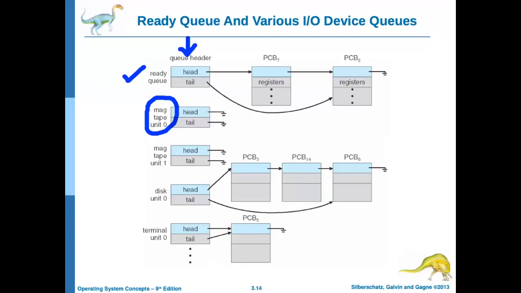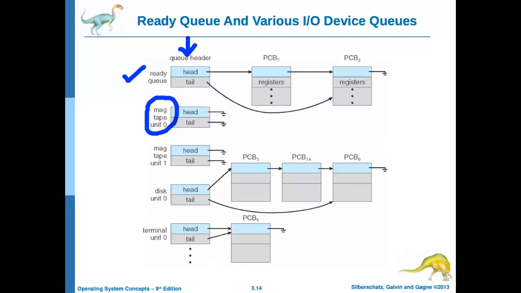So this is for magnetic tape unit 0. No process is waiting for that, so this linked list is empty. Look at this magnetic tape 1.